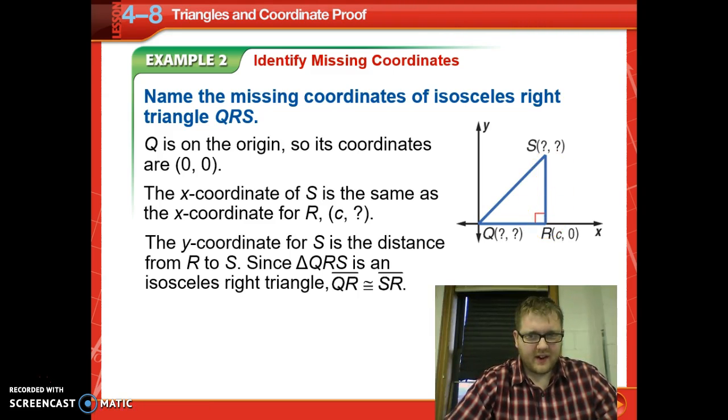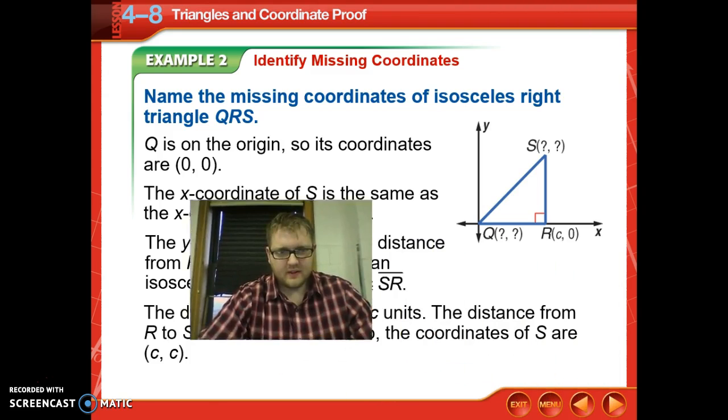The y coordinate for S is the distance from R to S, and we know it's isosceles. If it's an isosceles right triangle, these two sides have to be the ones that are equal because the angles opposite them have to be equal, and only one angle can be 90. So we know that QR and RS are congruent.